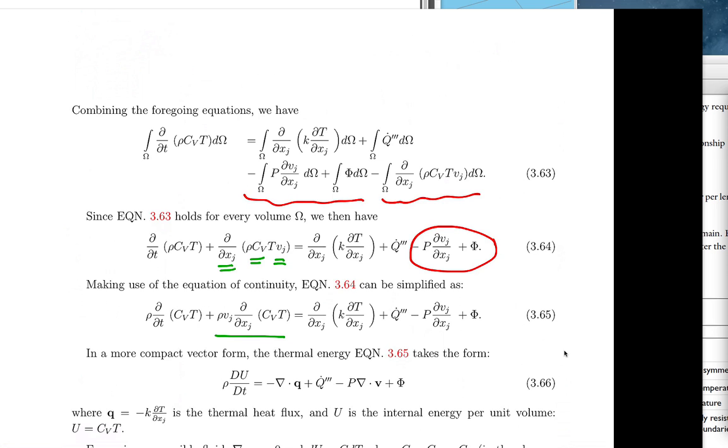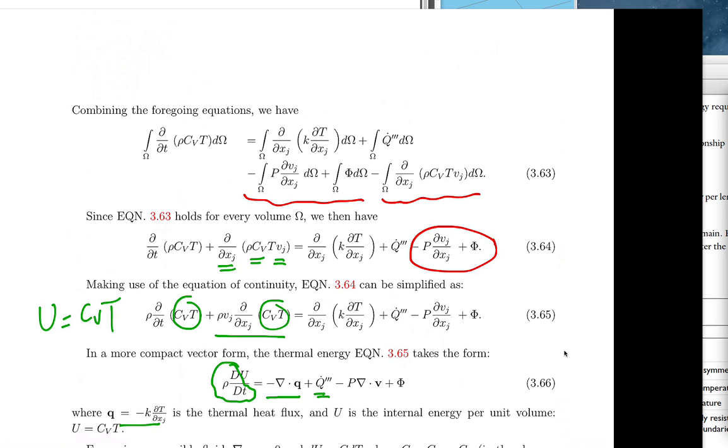If you look at the total internal energy, which is C_V T, we have rho d by dt operating on it and rho v_j d by dx_j operating on it, and that is equivalent to rho capital D by Dt, the total material derivative, operating on capital U, because capital U is equal to C_V times T. On the right hand side we have minus the divergence of Q, where Q is the heat flux.